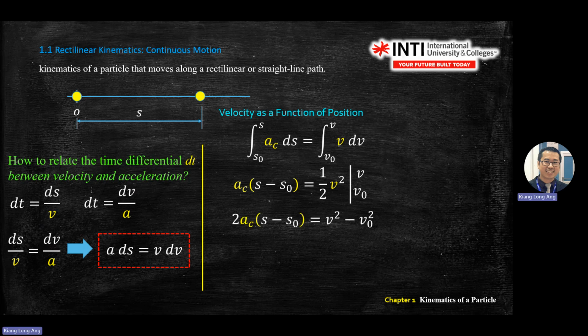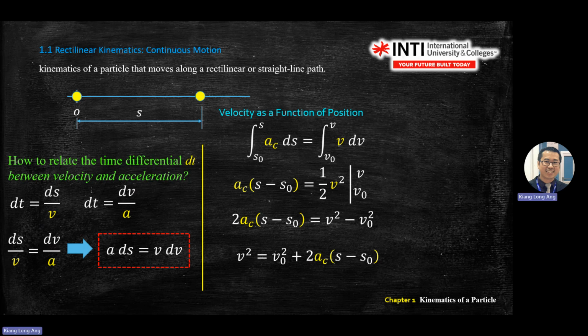Meaning, again, the way we solve, we don't like fraction values. We pull the 2 to the front, to the left, because half is sometimes very troublesome, right? So we pull the 2 to the left, we get 2a_c (s minus s0) equal to v squared minus v initial squared. This is after you substitute the value here. Then we rearrange in final velocity.